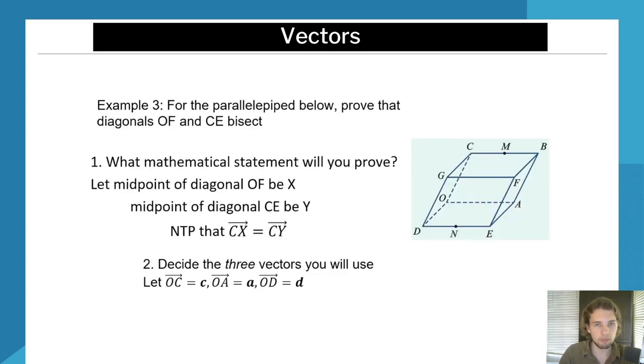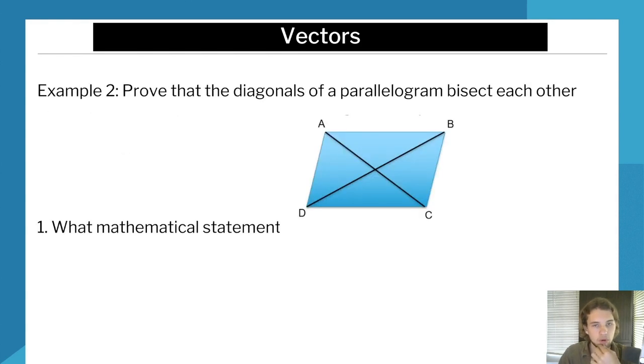So we'll look at a more complicated sort of proof here. Prove that the diagonals of a parallelogram bisect each other. Let's think about what a parallelogram has. These opposite sides are of the same length, and these opposite sides are also parallel.